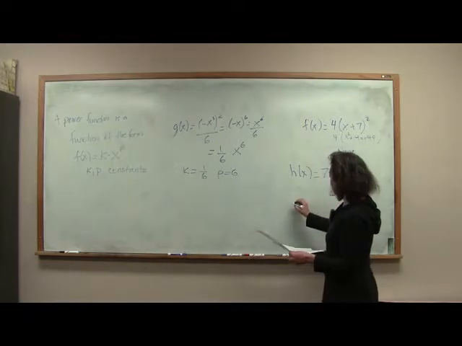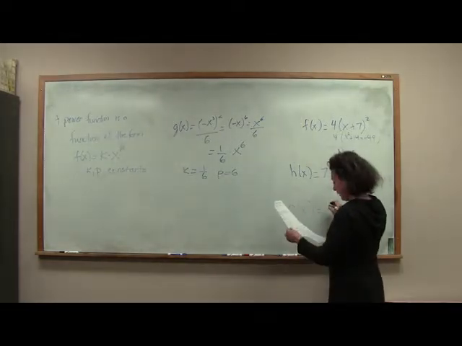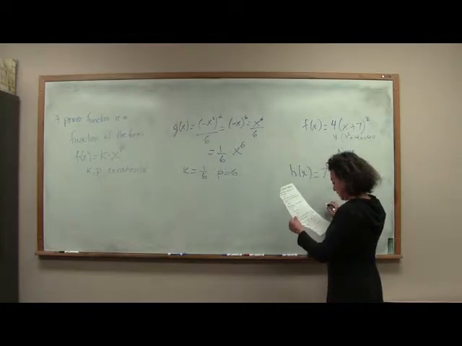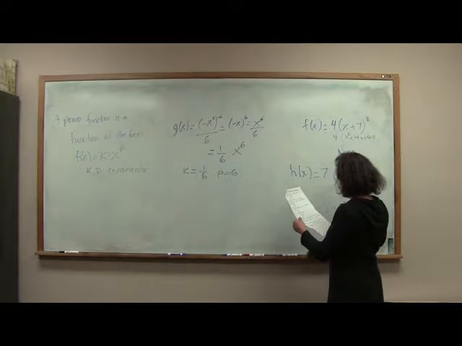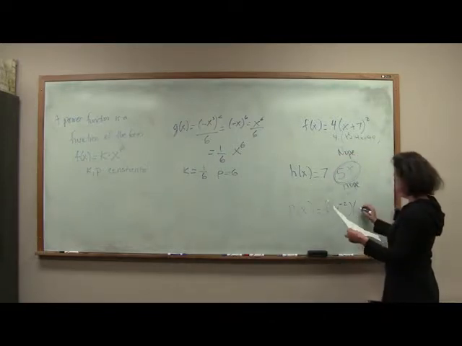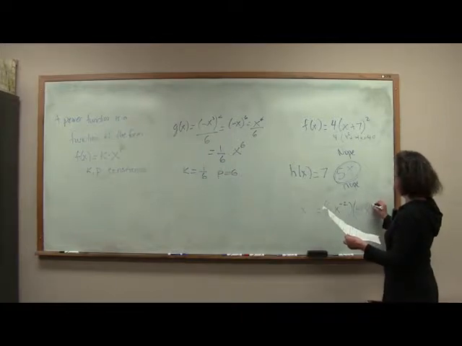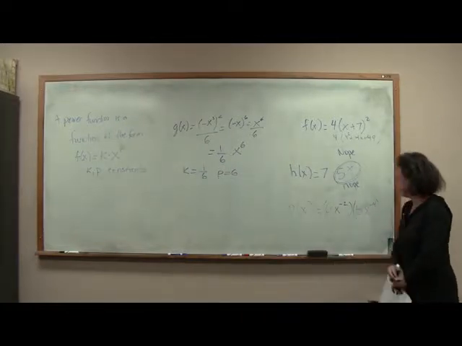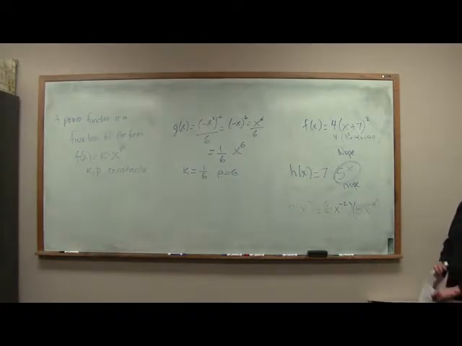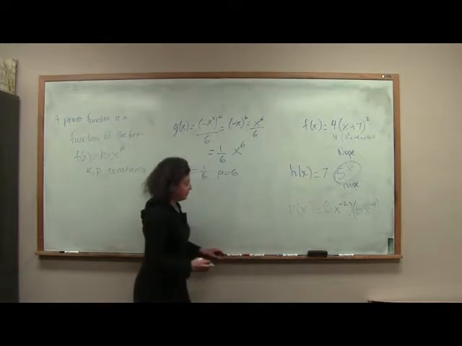All right, what about this one? How about 6x to the negative second times 5x to the negative fourth. Alrighty, well, let's simplify it first.